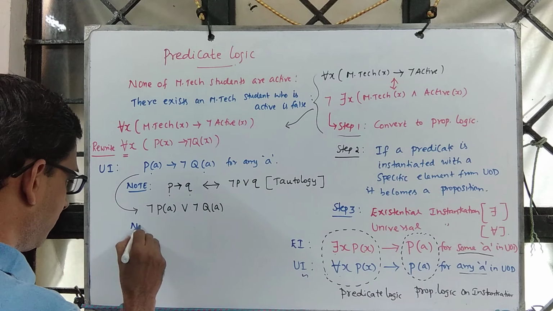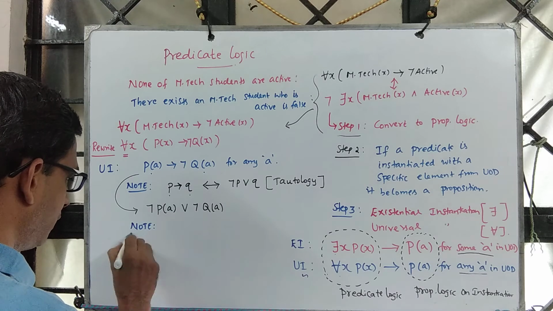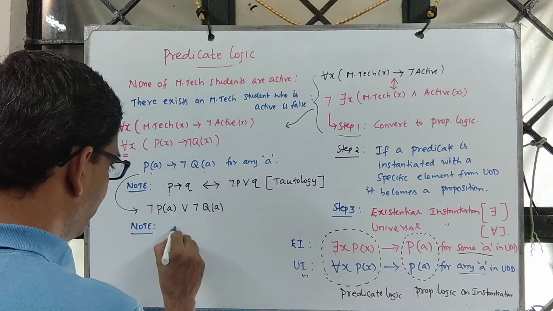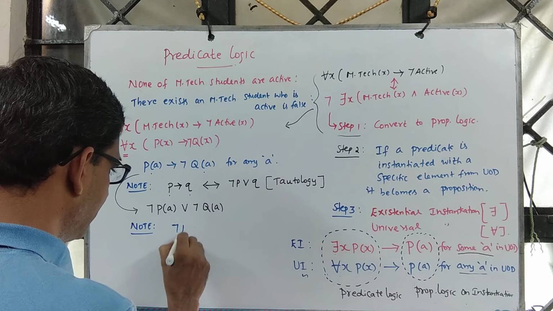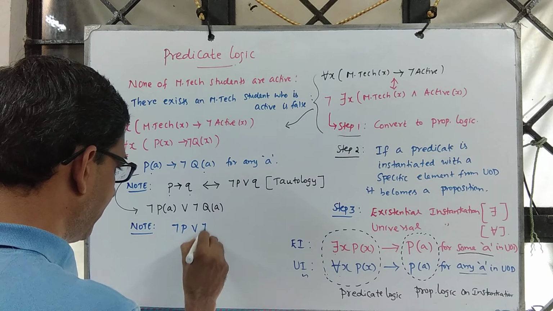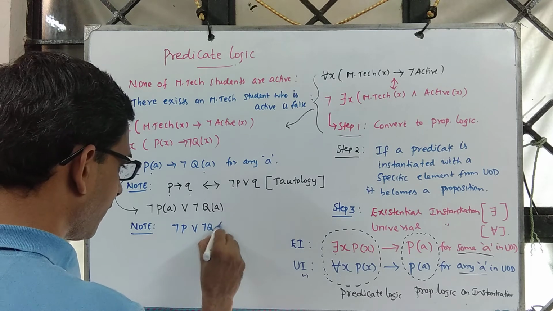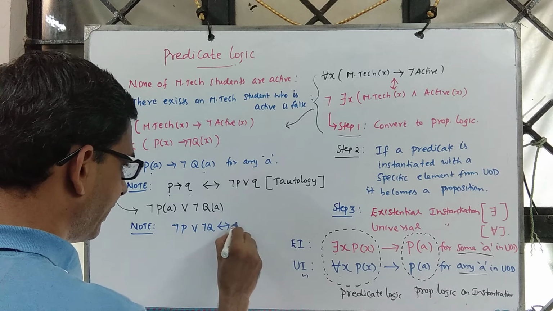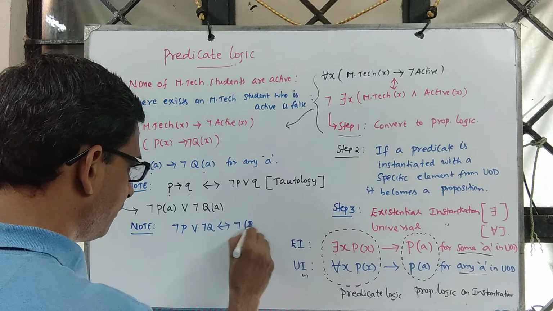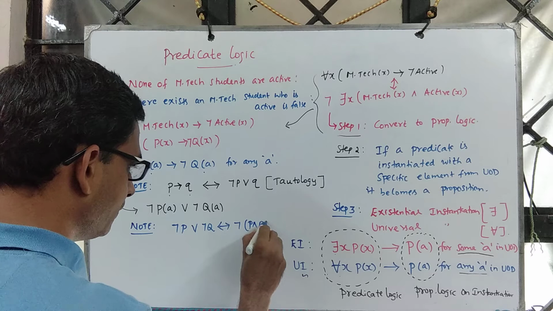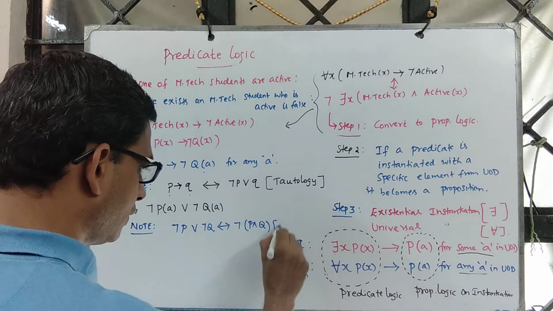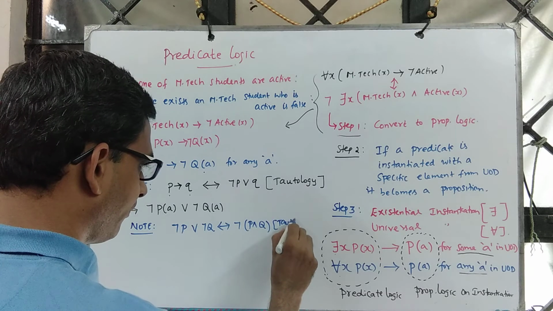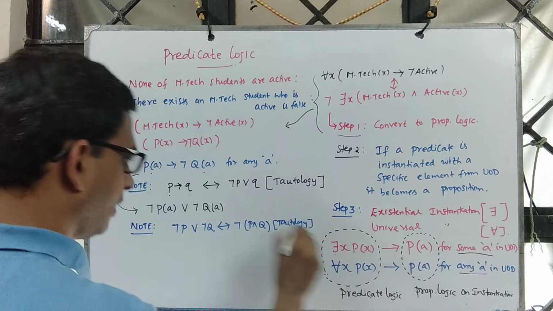Again, note, if you have negation P or negation Q, this is equivalent to writing negation of P and Q. This is also a tautology.